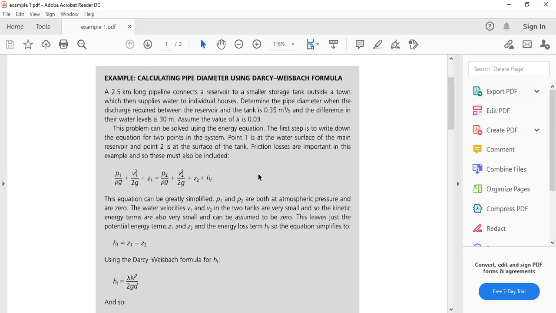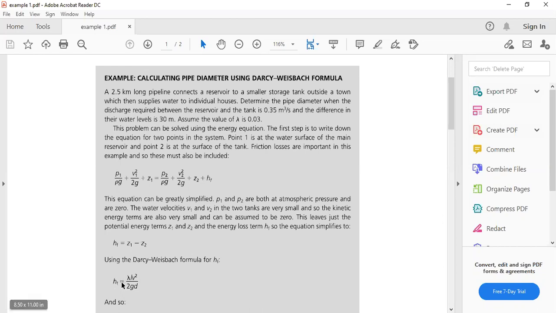Now, for us to solve this problem, if we look at the equation down here, we see that that's where we have the diameter which we want to calculate, but we don't have information on the head loss.